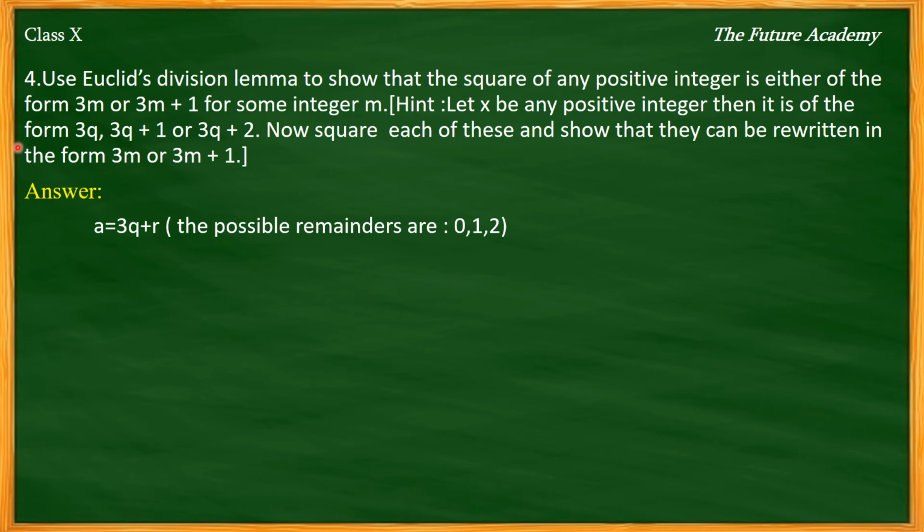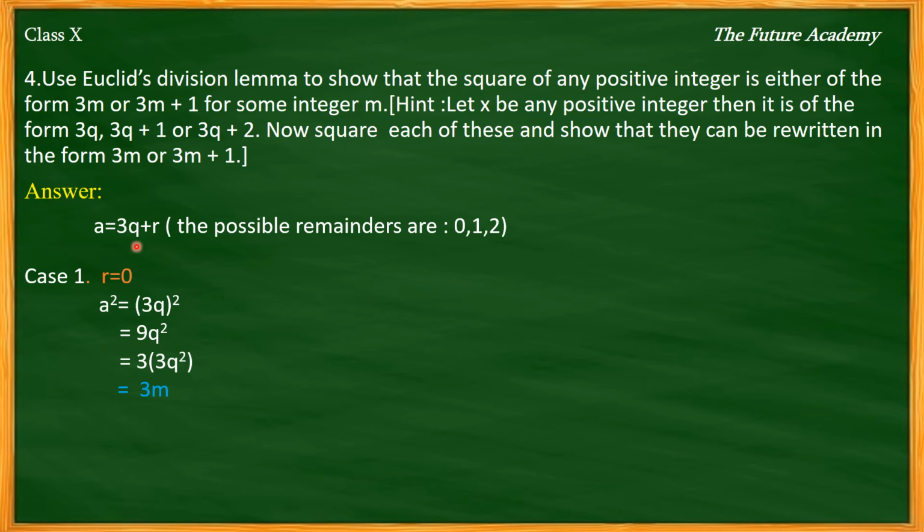Now let us take a as a positive integer and 3 as a divisor. So by Euclid's theorem we can write a is equal to 3q plus r. Now the possible remainders are 0, 1 and 2. In case 1, if r is equal to 0, a is equal to 3q plus 0.